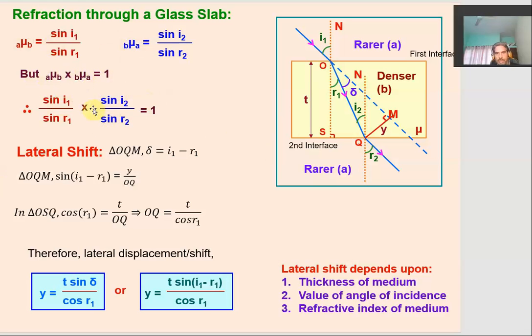So this will be equal to 1, according to the principle of reversibility. So we are setting their values. This will be 1 only when R1 and I2 both are the same, because they are the alternate angles. So these are the equal angles, and this will cancel out and give 1.